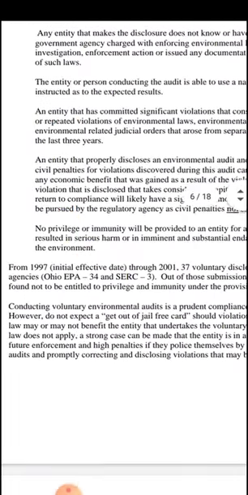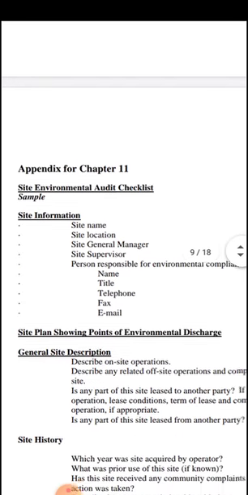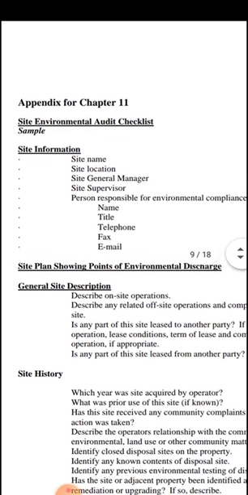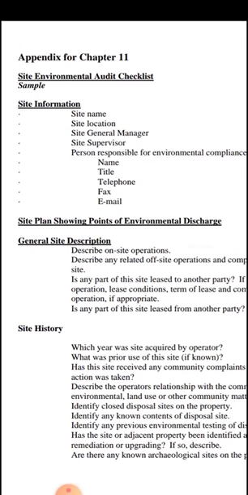Please move to the end. Here we have this audit checklist. This is important: the site environmental audit checklist.